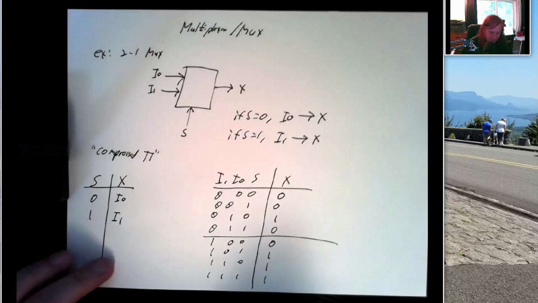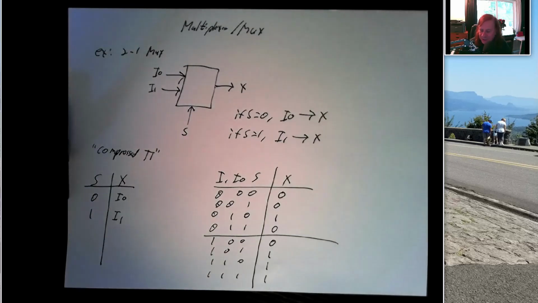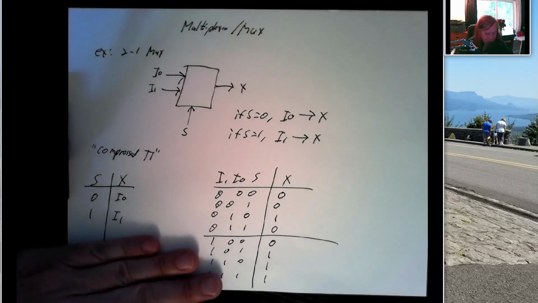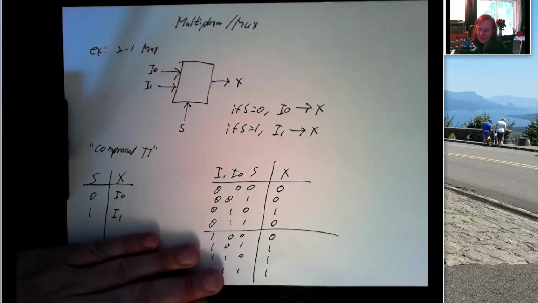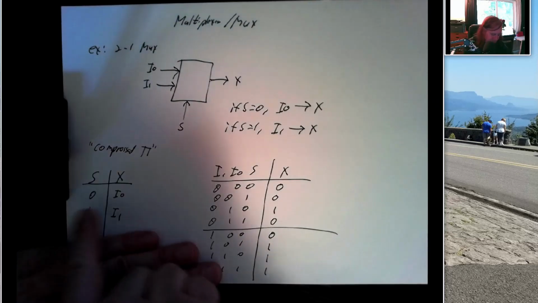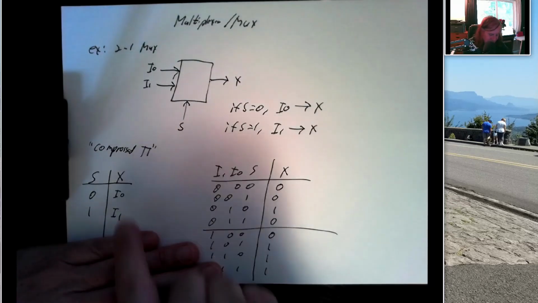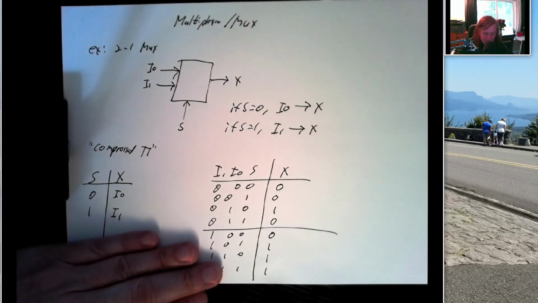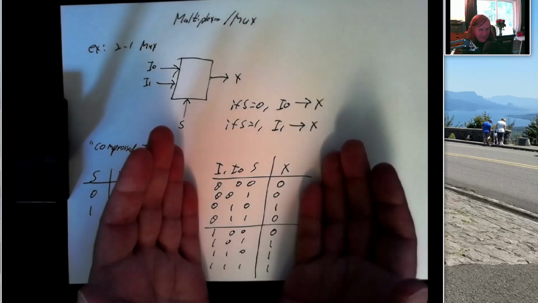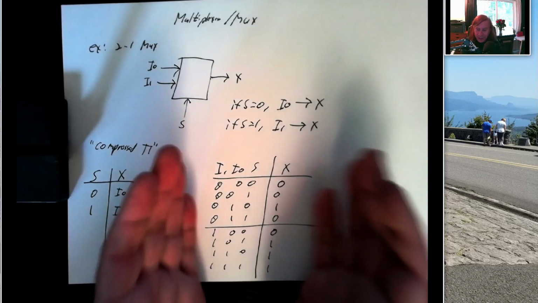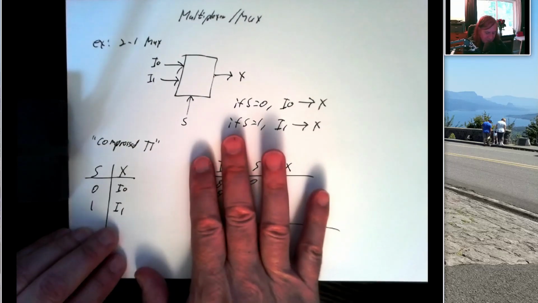And we'll see a lot of compressed truth tables from this point forward, because this makes it really easy to just look at this and see exactly what your circuit's going to do. Oh, if S is a 1, I don't care what's going into I0. Whatever's going into I1, that goes to the output. Right? We can get that out of this longer table, but we have to think really hard about it. This functionally describes what this circuit does.